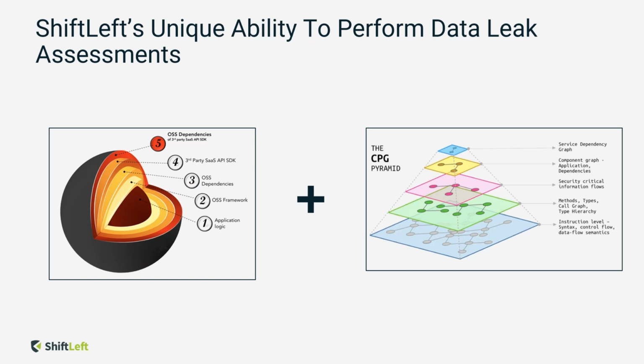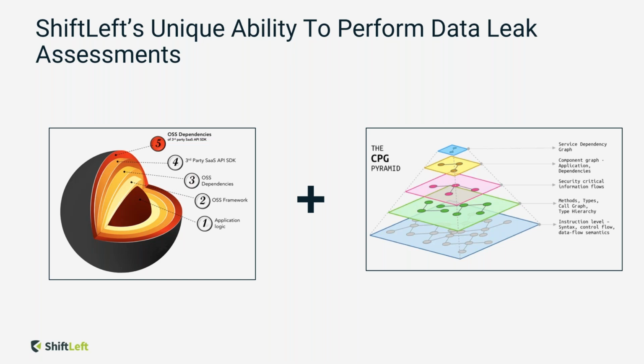And not just that, the fact that we can do it fast and accurate and in a comprehensive fashion means we can also do this across your entire stack. So the diagram on the left, which is representing the code that you write and the code that you adopt and inherit, we can cover the entire spectrum.